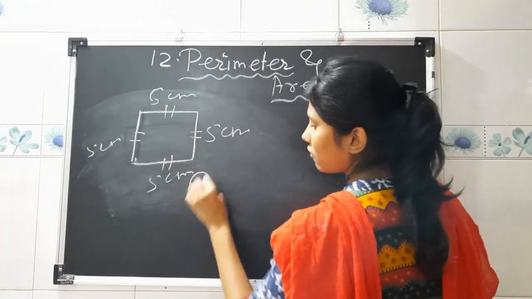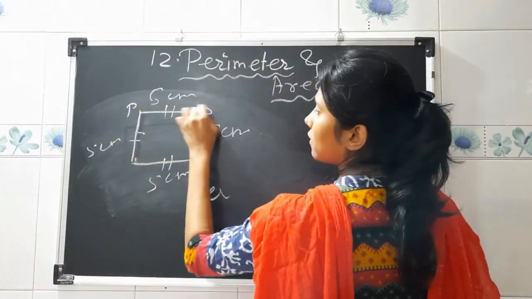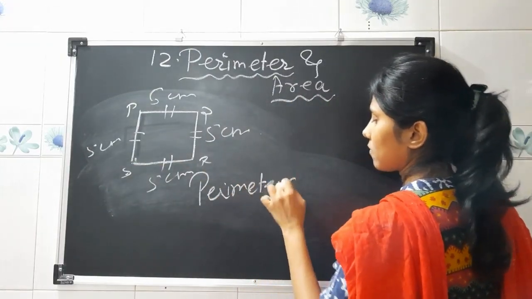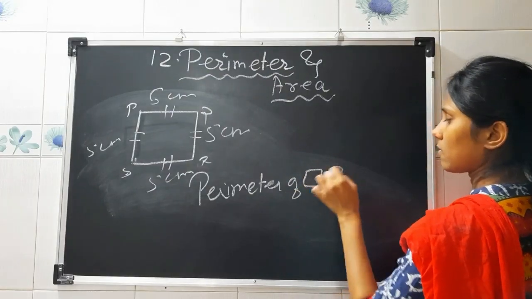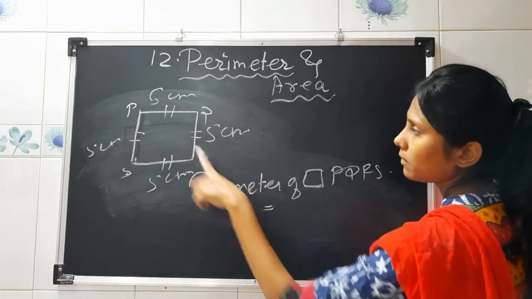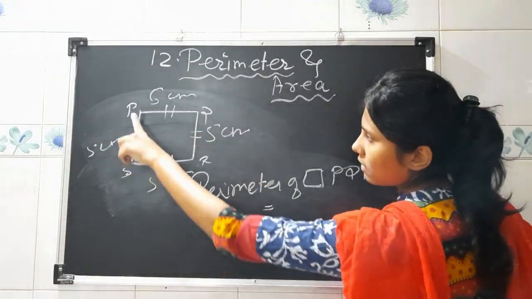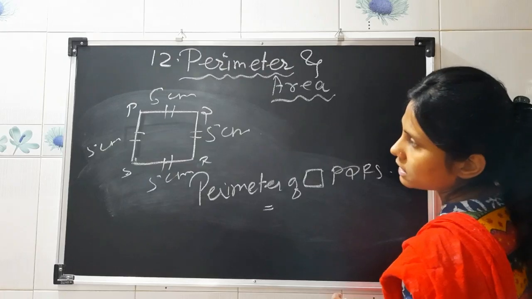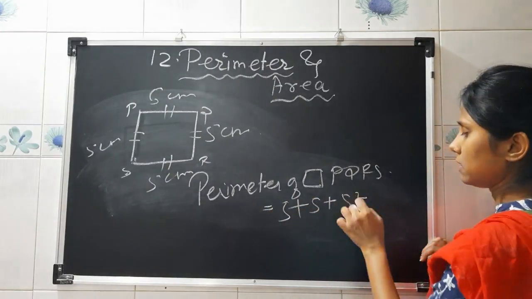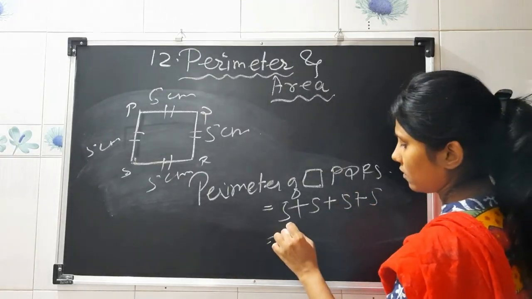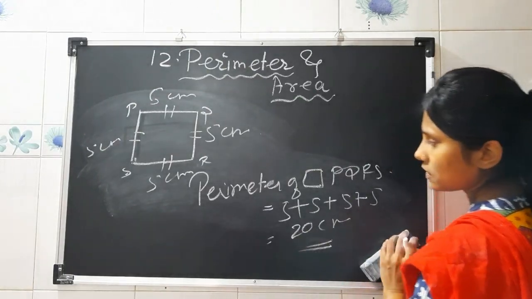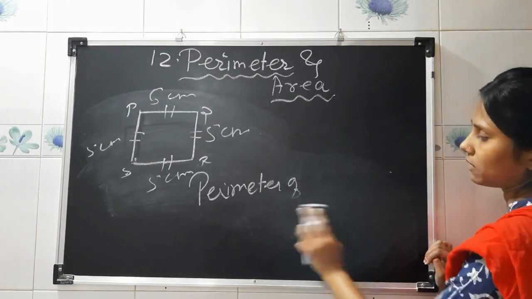So perimeter of square PQRS is equal to what? Side PQ plus QR plus SR plus SP. So 5 plus 5 plus 5 plus 5, 20 centimeter. Understood? In this way we find the perimeter.